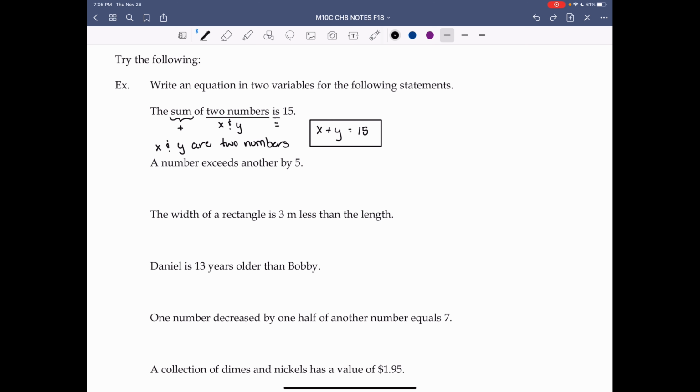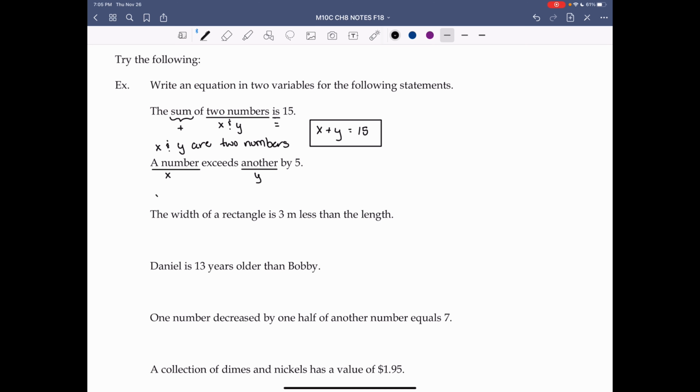A number exceeds another by 5. So we have a number which is going to be represented with a variable because we don't know what that number is. So we could say this is x, and then exceeds another by 5. That means another number. So another number is y.